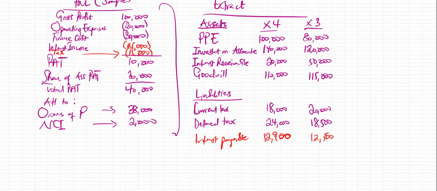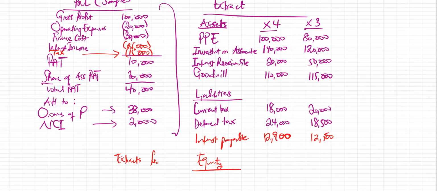Let's say this is all we have on the face of the account. They say we should prepare extracts from the interest payable. I forgot equity, right?